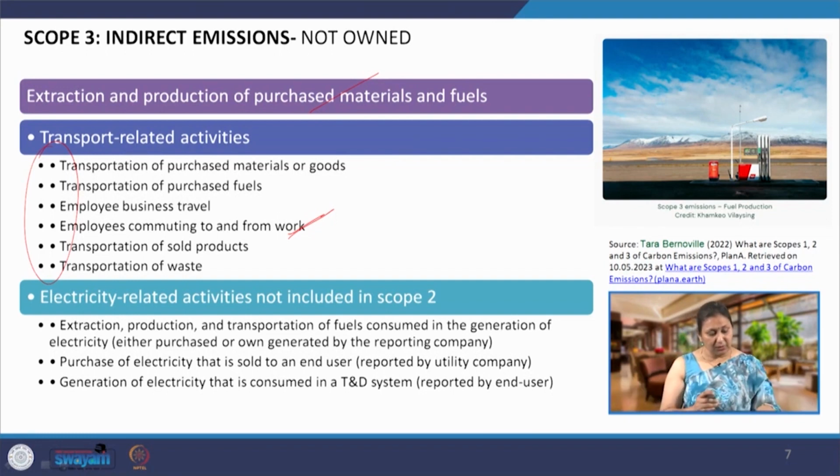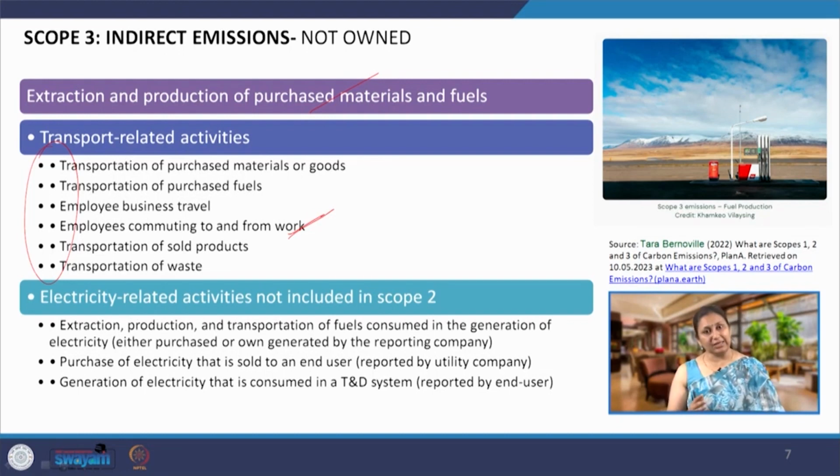And the third one is electricity related activities which are not included in scope 2. For example, the electricity which is required in extraction, production and transportation of the fuels which are consumed in generation of electricity. So, in scope 3 we will also be looking at the extraction, production and transportation of the fuel which is going into producing electricity.